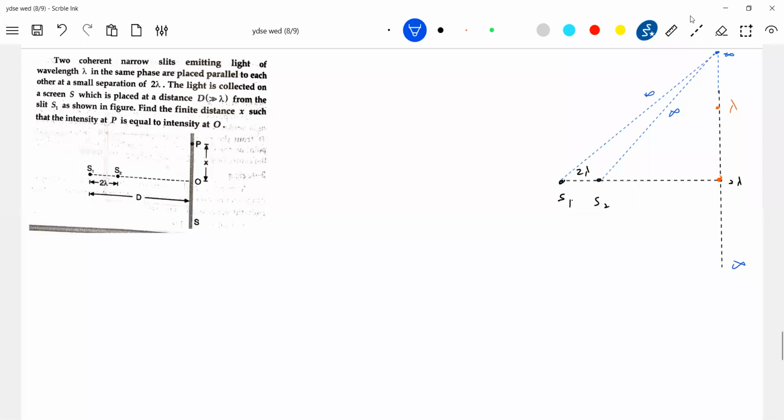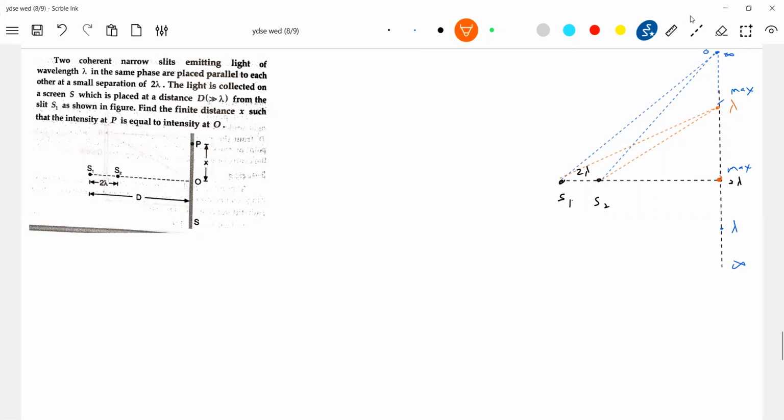The path difference will become 0, not 2 lambda. And 1 lambda will come here, so this is a maximum. Other maxima will come. What is the path difference of the rays now arriving? It should be lambda. Then only will one get another intensity.